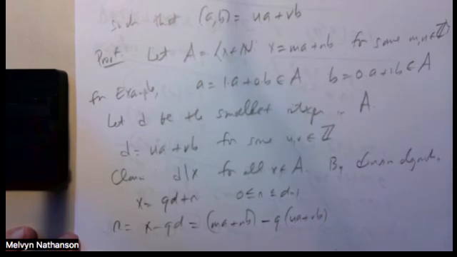So r is this difference, but I can write this as m minus qu times a, and n minus qv times b.